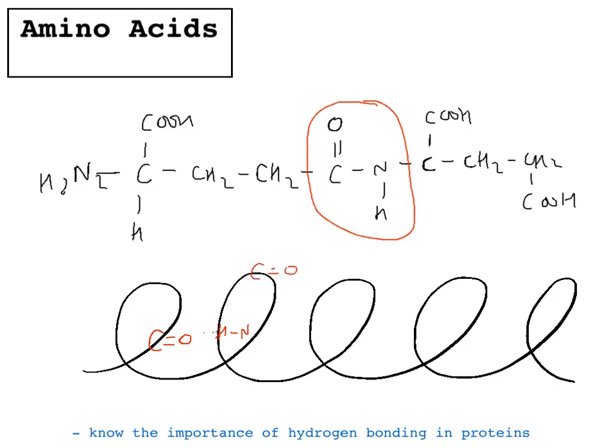For example, a bit like this. So that keeps the shape of the protein together. If those hydrogen bonds weren't there, then the shape would not exist, and therefore the proteins wouldn't perform the function they're supposed to perform.